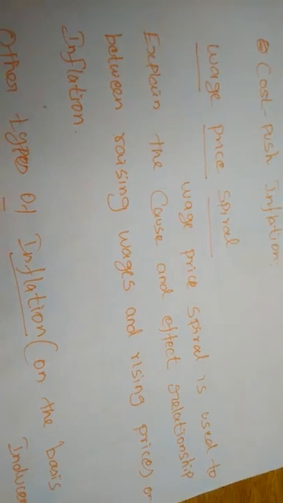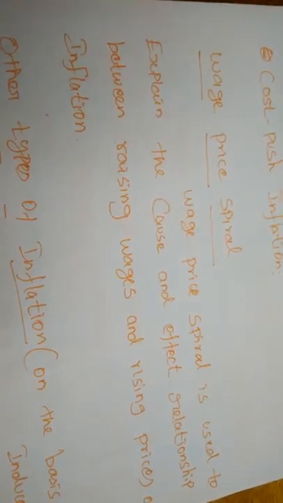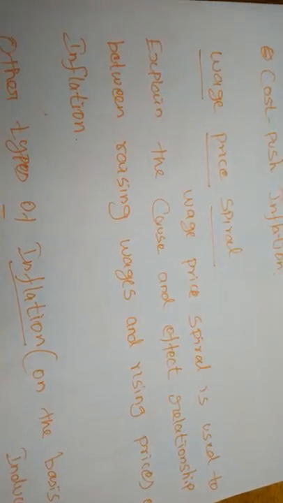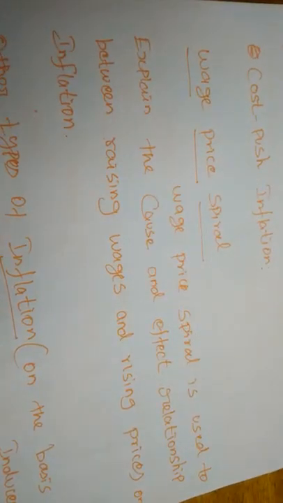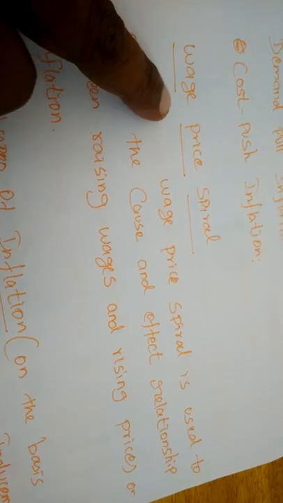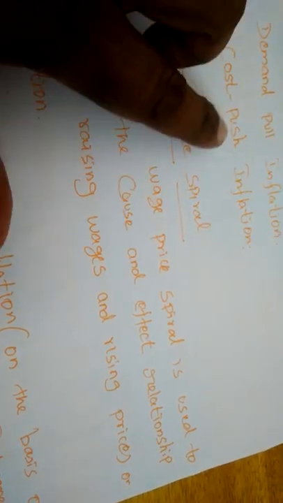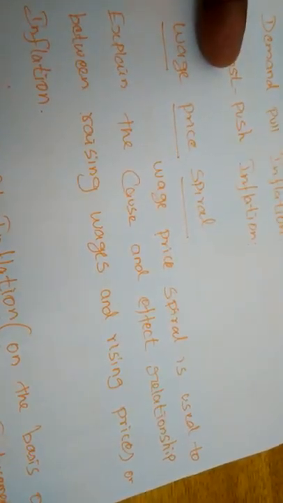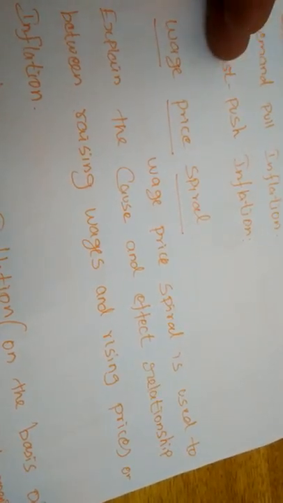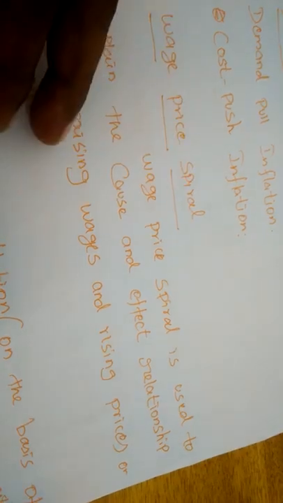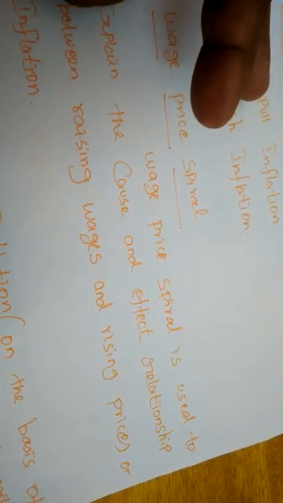Because of that, again the labor requires a higher income or higher wage. Again the producer will increase the price level. So whenever the price is increased one step, the wages will also be increased another step.